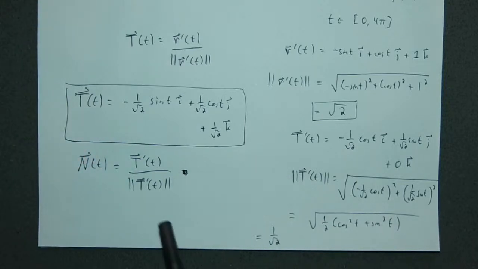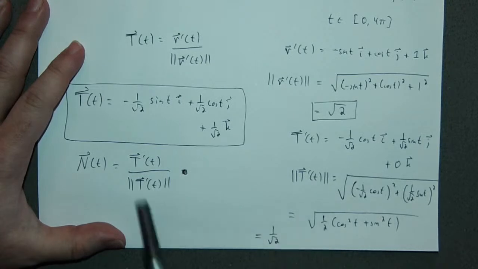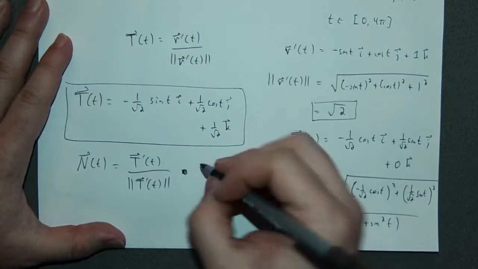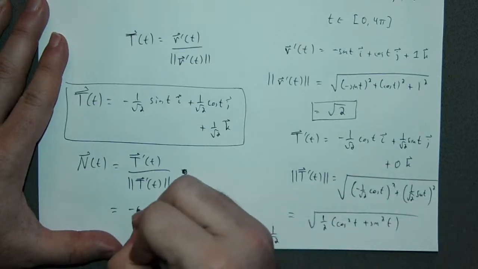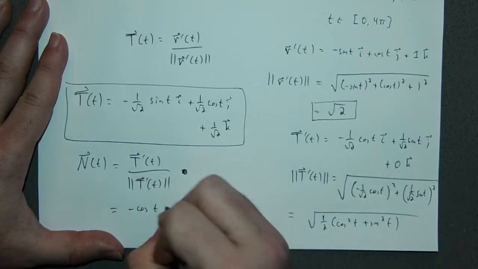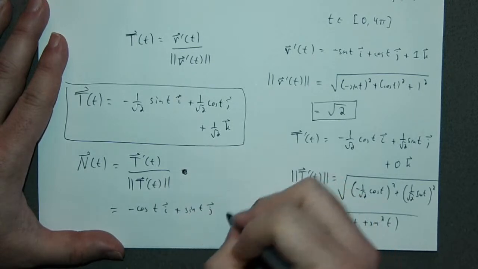Okay, and I'm dividing by that, of course, here. So this is the same thing as root 2 times T prime. And so N is minus cosine t i plus sine t j plus 0 k.